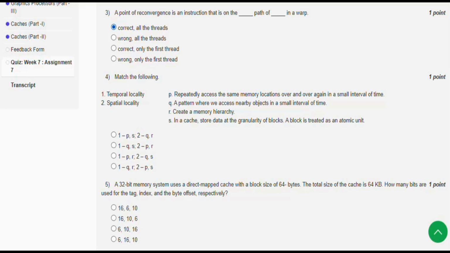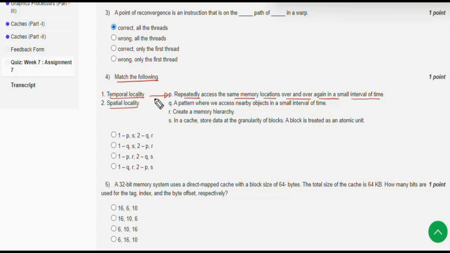Now get into question number 4. Match the following: temporal locality and spatial locality. Temporal locality will match option P: repeatedly access the same memory locations over and over again in a small interval of time.